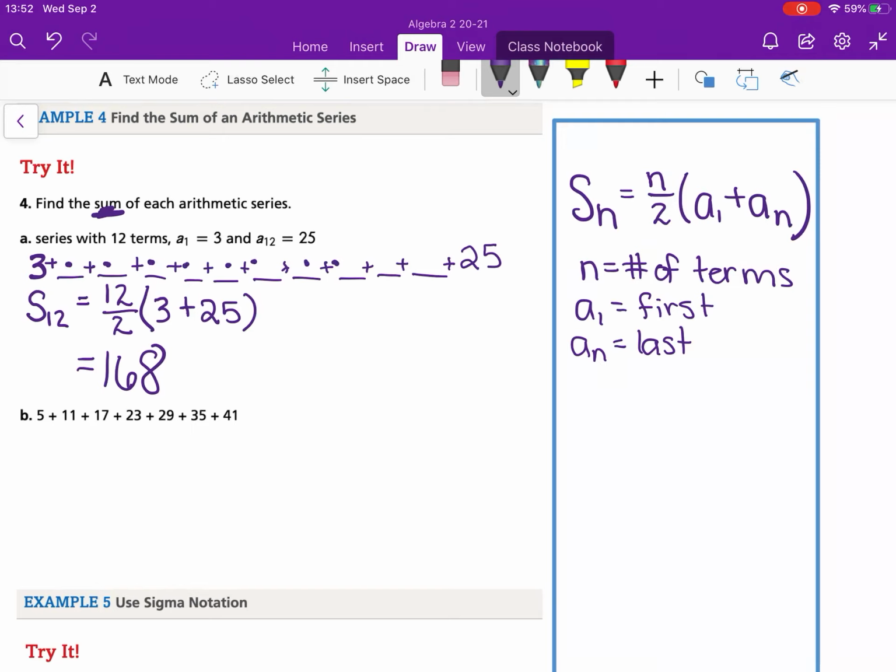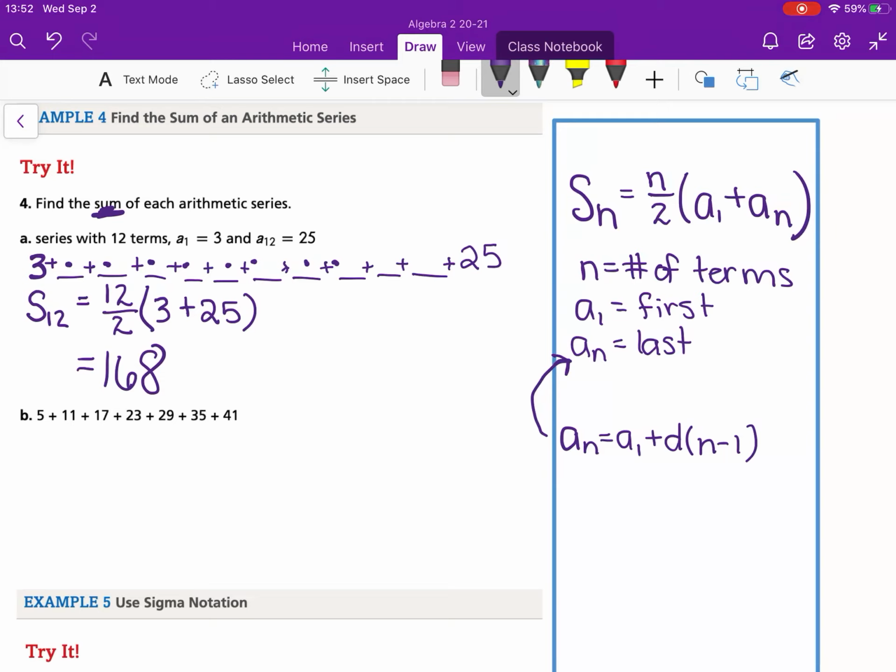Now sometimes, this is when it gets tricky, sometimes they give you the first number and they tell you how much it's increasing by, but they don't tell you the last number. So in that case, you would have to use this formula to find the last term and then plug it into there. So it becomes a 2-step process.